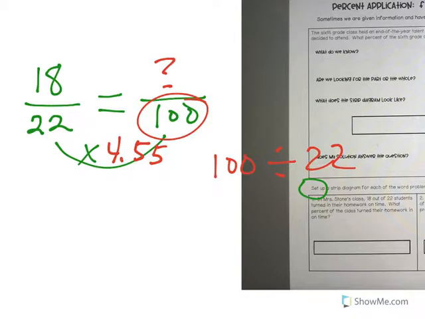Okay, and I just rounded. So what I do on the bottom, I do on top, 4.55. So then I'm going to take 18 and multiply it by 4.55, and that means I get an answer of 81.9.